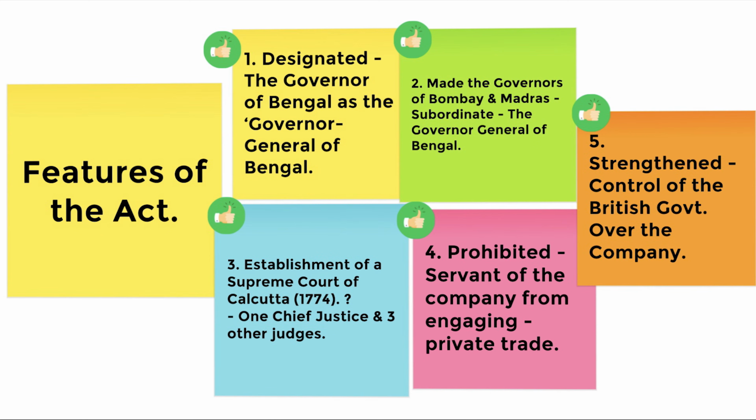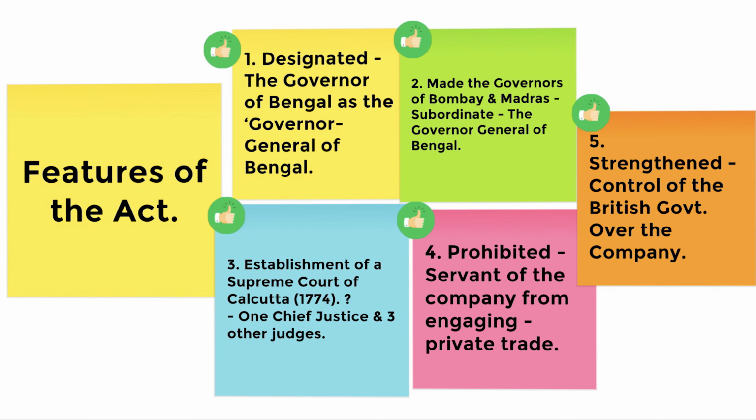That means now both Bombay as well as Madras governors will be accountable to the Governor General of Bengal. And therefore we need to understand that both these presidencies lost their independence.